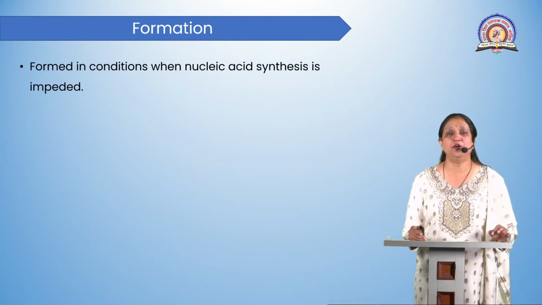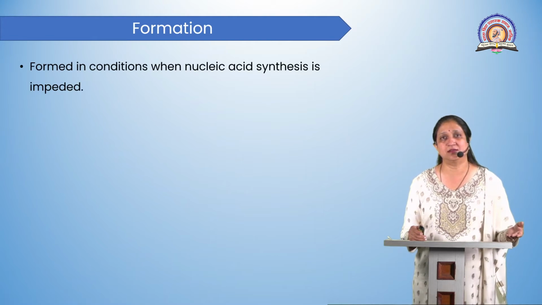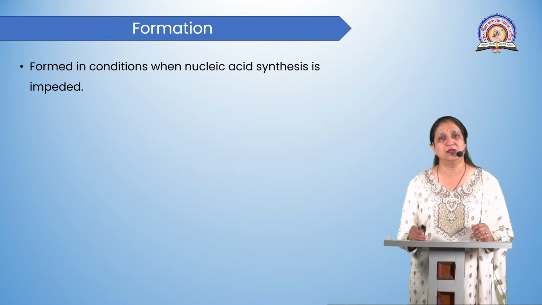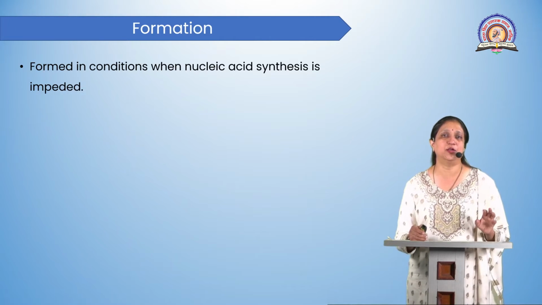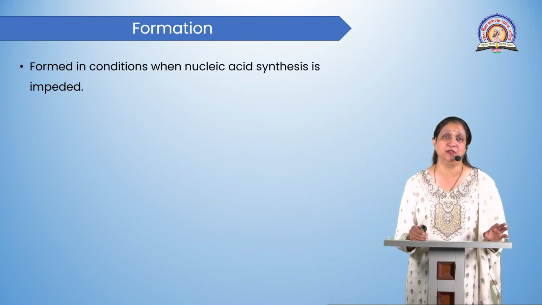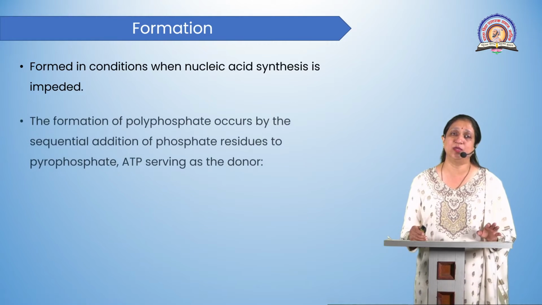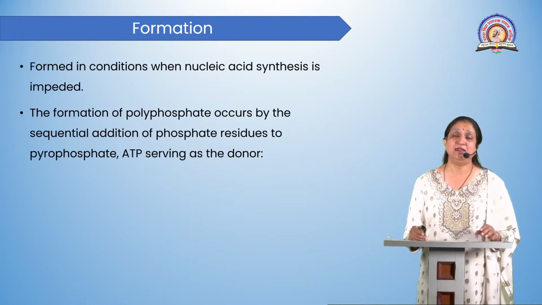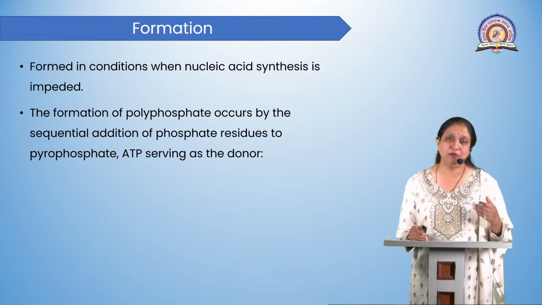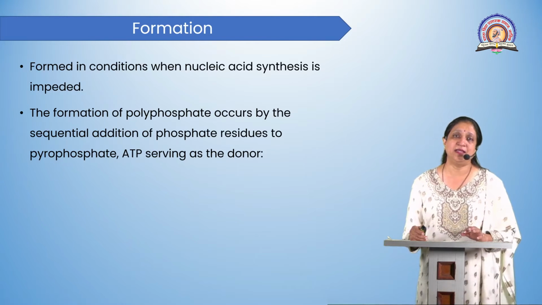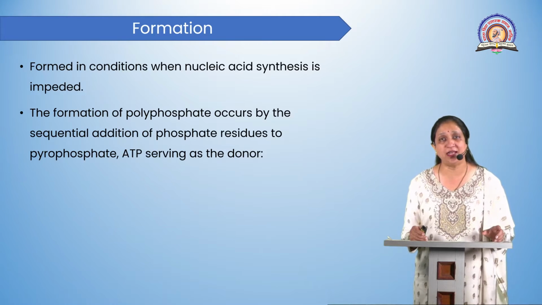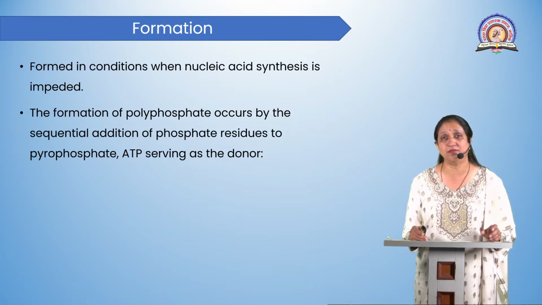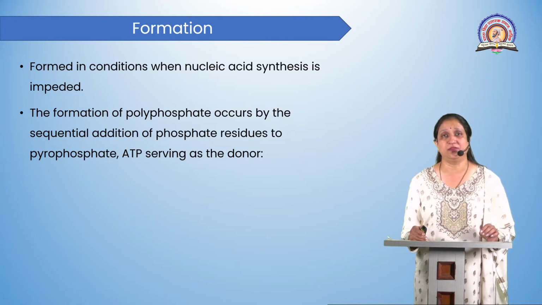The formation of these metachromatic granules occurs when there is a disturbance in the production or formation of the nucleic acids as well as the proteins. And the granules are synthesized by addition of a phosphate from a molecule of ATP, that is the donor of the phosphate, to a pyrophosphate.